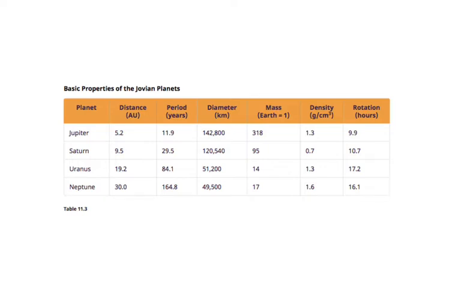We typically talk about that rotation at the equator. The Jovian planets are not solid. They're gas hydrogen compounds, and so they will rotate at different speeds depending on what latitude you're at. But these are estimates roughly at the equator.